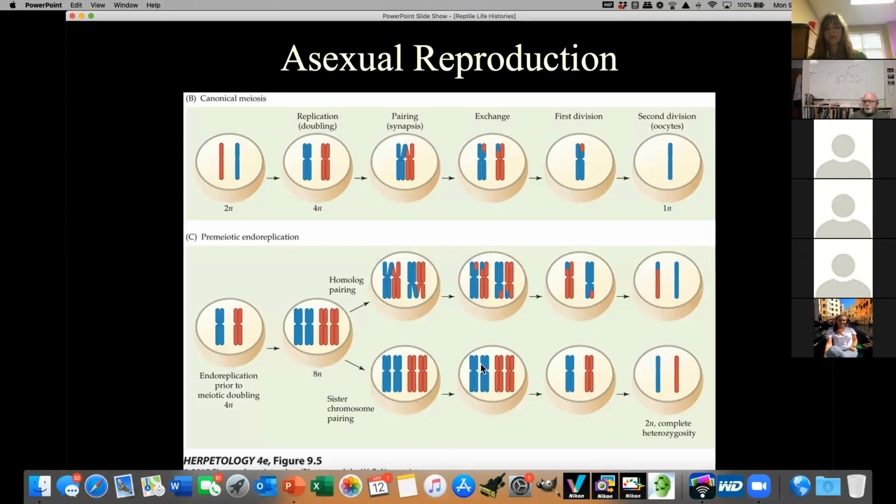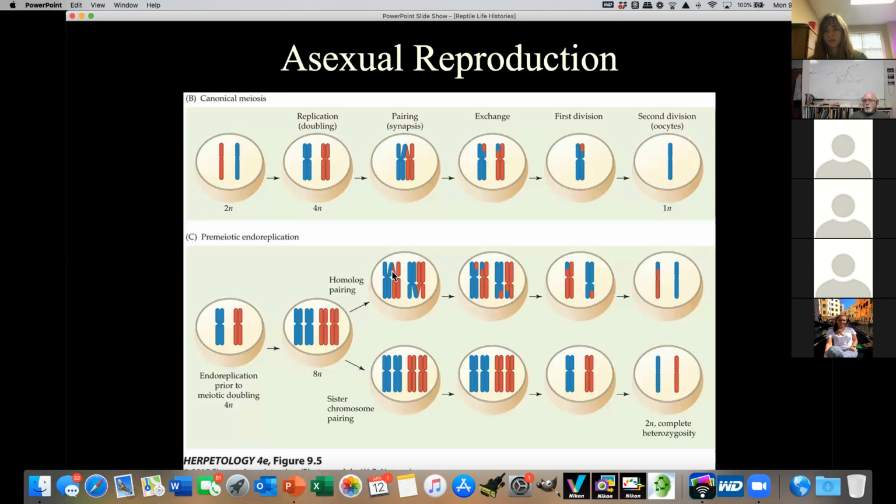And so there's no generation of new genetic variation. You go through the first meiotic division, it divides the pairs into two different cells. And then those chromosomes split the sister chromatids, and you end up with a group of offspring that are all genetically identical to one another, and they're also all genetically identical to the parent.